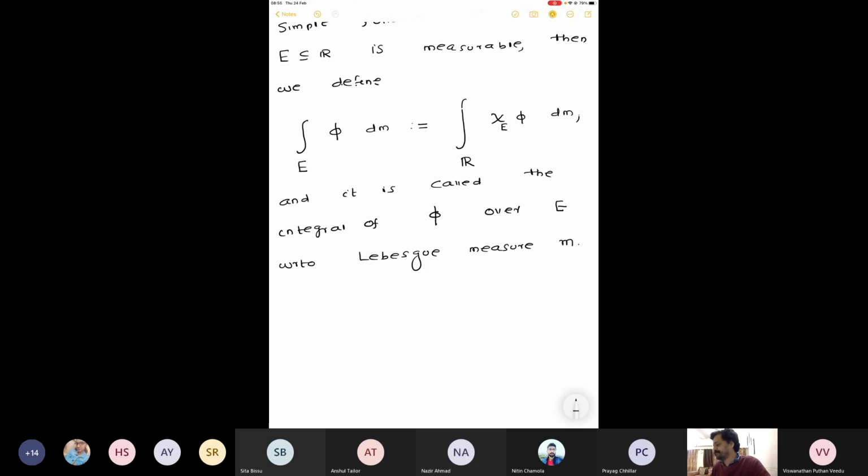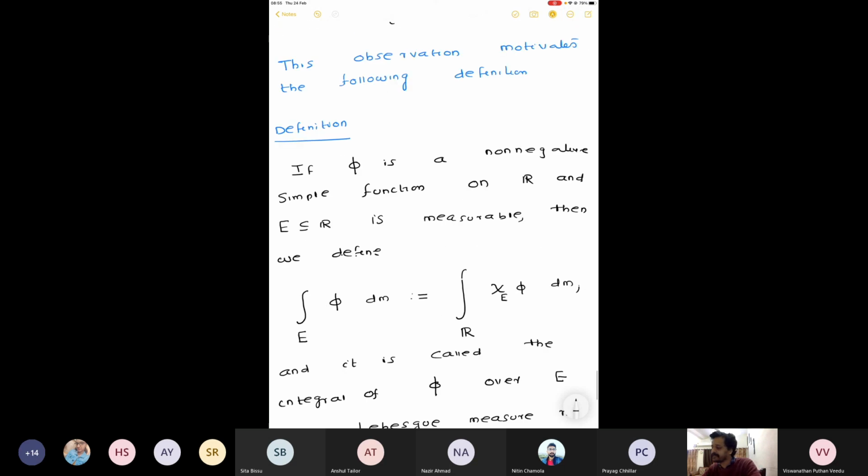So the great thing that we achieve is that instead of integration over the entire R, now you can talk about integration over any measurable subset of R. Why is measurability needed?